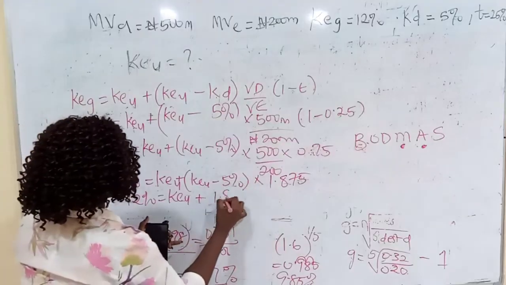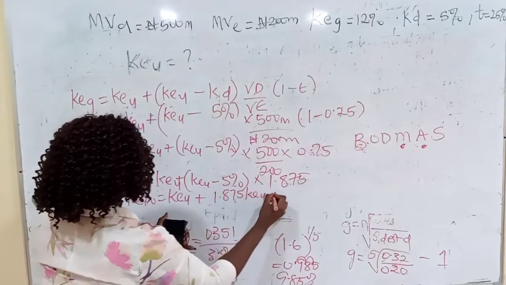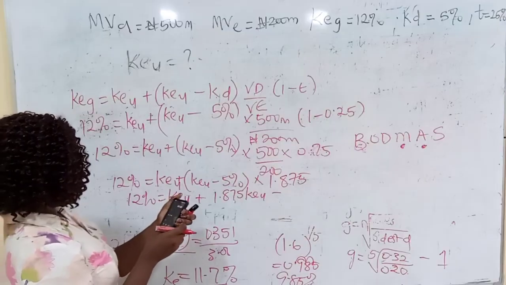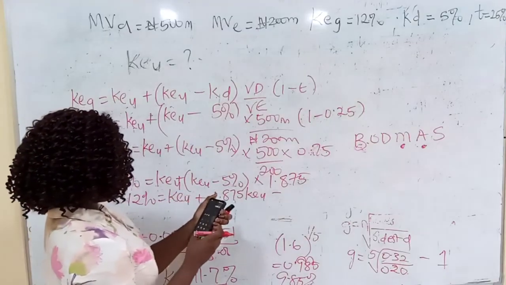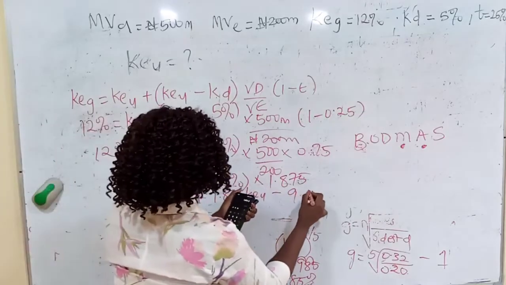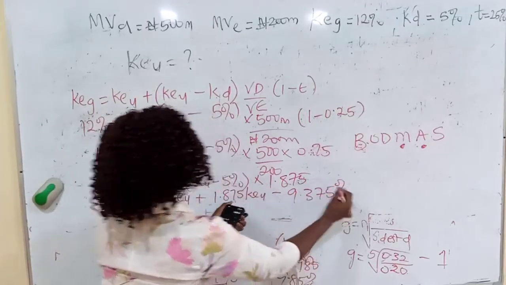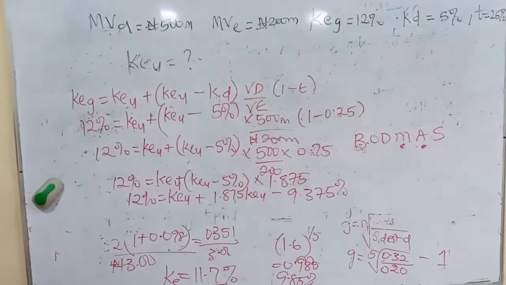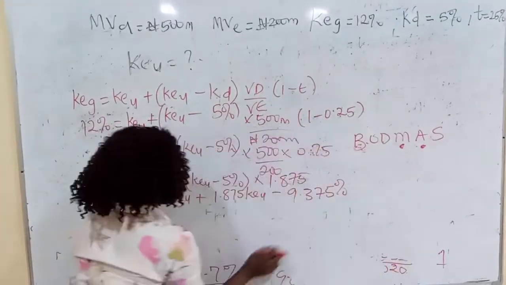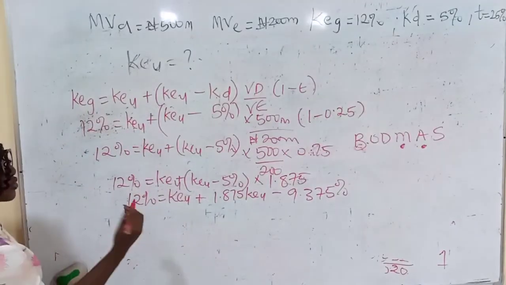So you have 1.875 KEU minus 1.875 times 5, 9.375%. So at this point now, it's easy for you to just collect like terms. What does it mean to collect like terms? Put all identical variables together.